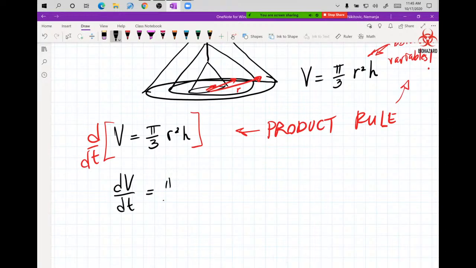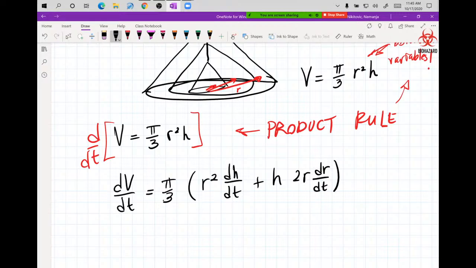Copy your pi over 3 constant, and inside copy the first, derivative of the second, plus copy the second, and then derivative of the first. When I take the derivative of h, I have to follow with the dh/dt. When I take the derivative of radius r, I have to follow with dr/dt.